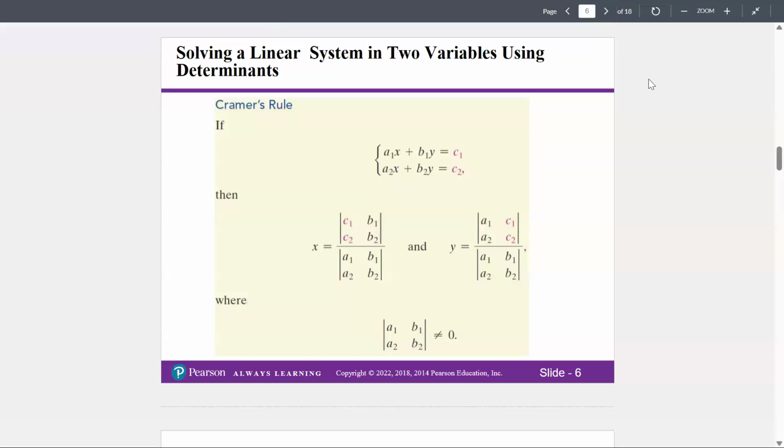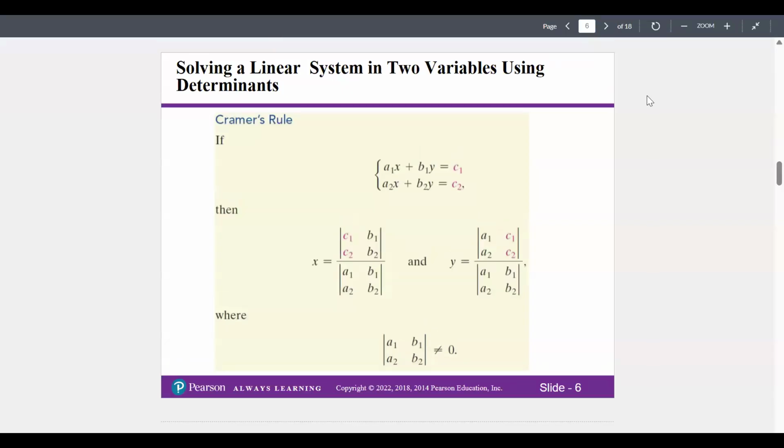Cramer's rule says that if I have a system of equations a1x plus b1y equals c1, a2x plus b2y equals c2, then x is going to be the determinant of c1, b1, c2, b2 over the determinant of a1, b1, a2, b2, and y is going to be the determinant of a1, c1, a2, c2 over the determinant of a1, b1, a2, b2.